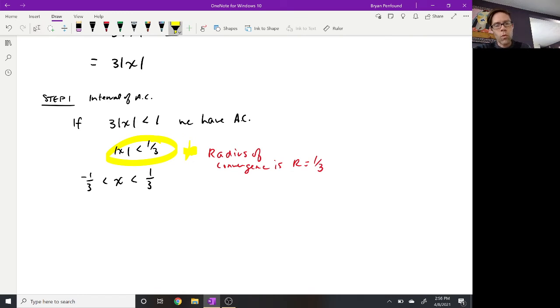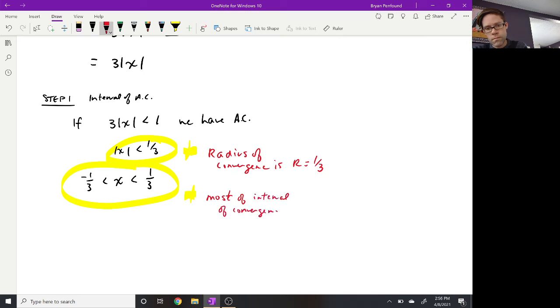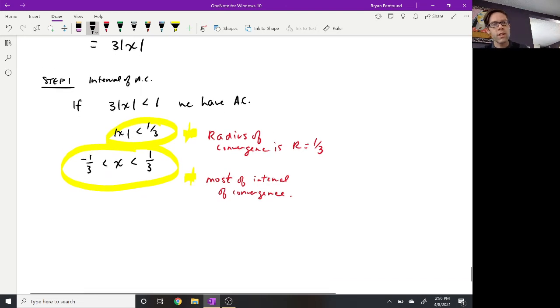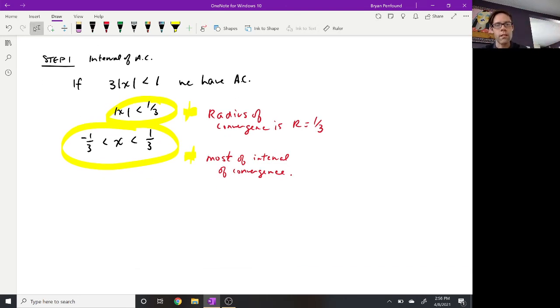And this bit of information gives us most of the interval of convergence. So this gives us the interval of absolute convergence, but we do have to test those endpoints to see whether or not the power series is going to converge in the normal sense at these endpoints. So that's step 1, dealing with finding the interval of absolute convergence. From here, I like to find where the series is going to diverge.